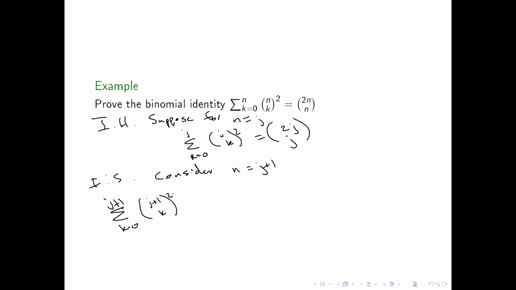Break apart the sum. Okay, you break apart the sum. What would this sum become? How could you break apart the sum? All the way up to j. But what's still here in the binomial being squared? It would be j choose k. No. j plus 1.